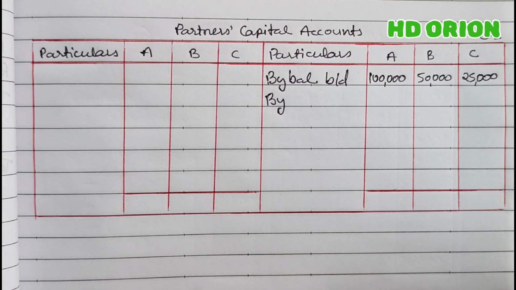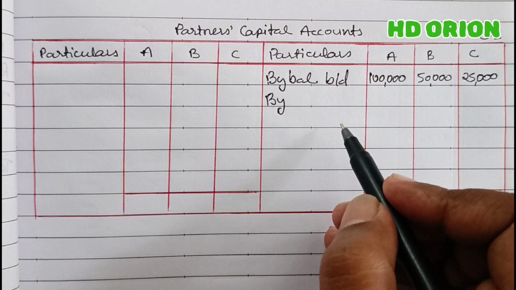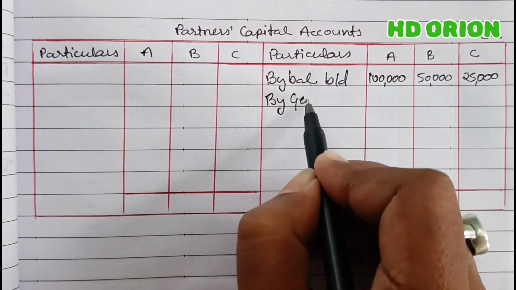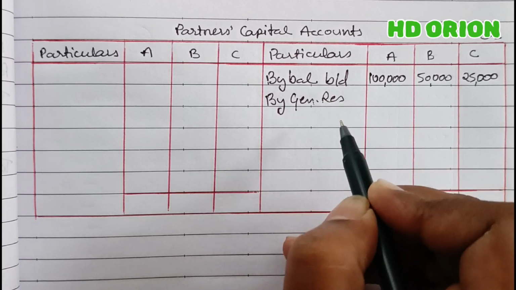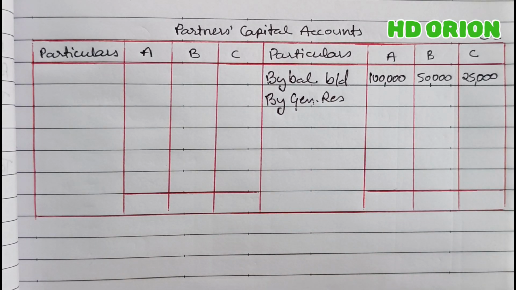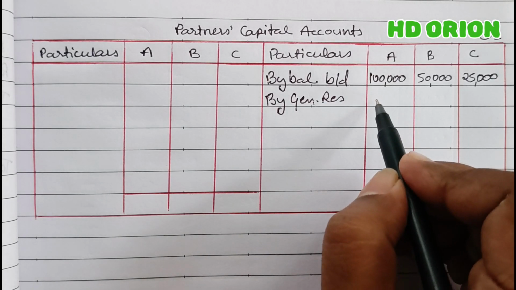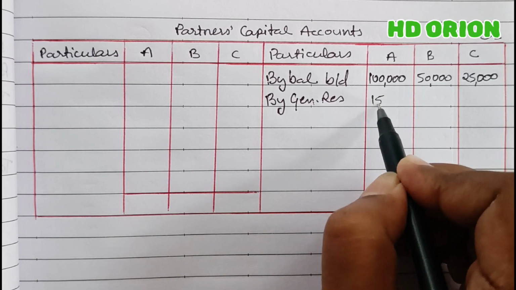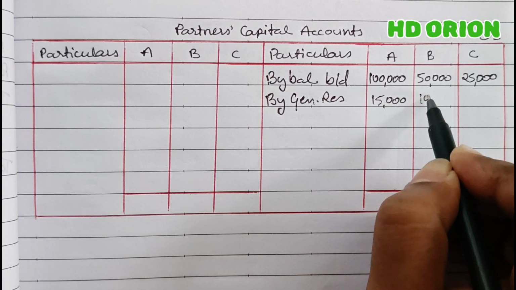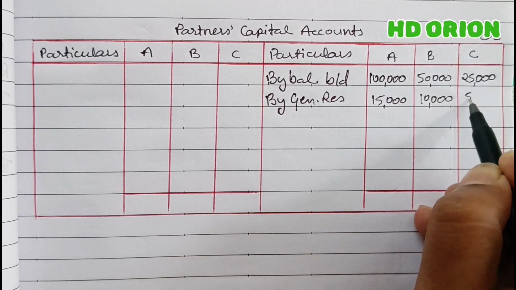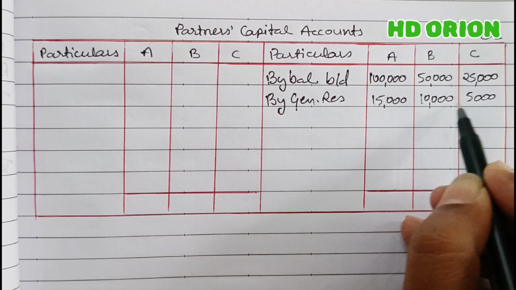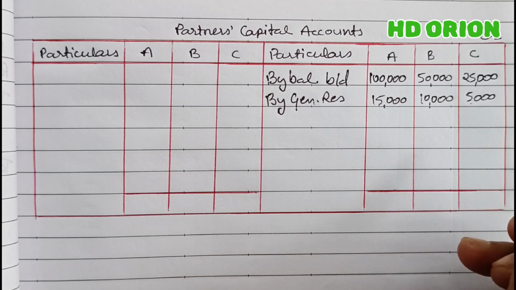When we are debiting general reserve, we are crediting it to partner's capital account. So general reserve of 30,000 rupees in old ratio. When 30,000 rupees is broken in old ratio, it is 15,000 rupees, 10,000 and 5,000 rupees. So it is 3:2:1.